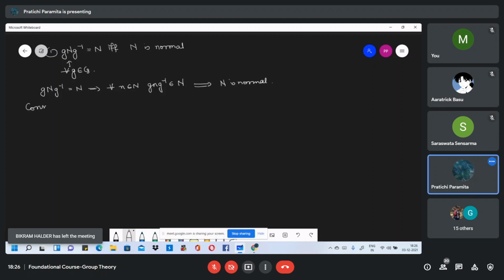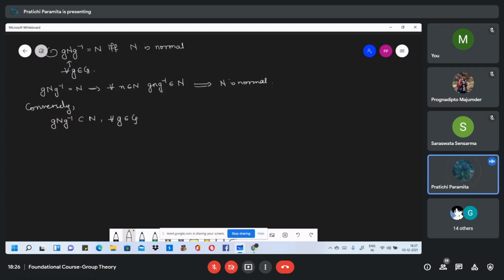Conversely, see gNg inverse, this will be a subset of N for all g in G. Is that fine? Yes. So gNg inverse is a subset of N for all g in G. But there is nothing special about g.